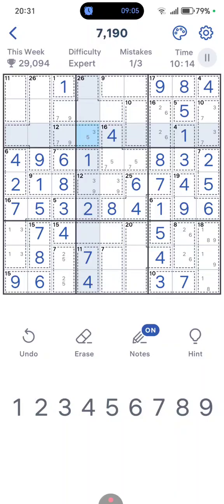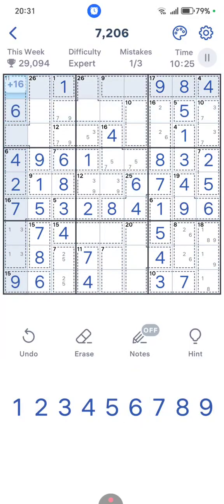Up here, if you look up here, this line here, 11, there's 2, 3, 4, so this has to be 5 and 6. We've already got a 5, so that has to be a 5. And a 6, so what's left over? 1, 2, this is an 8.